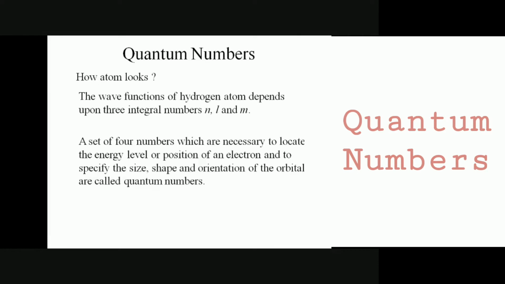So when these four different numbers are specified, they give its energy level and position, and they also specify the size, shape, and orientation. These are the quantum numbers. So basically, it is the quantum numbers that give important information about the size, shape, and orientation of an orbital.